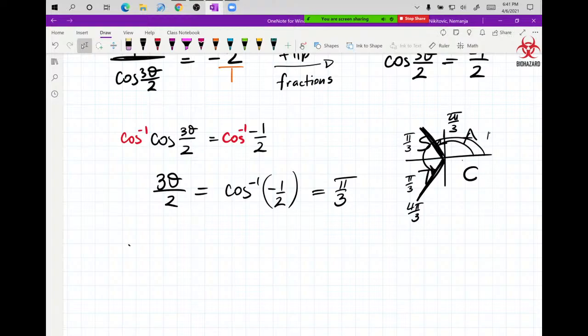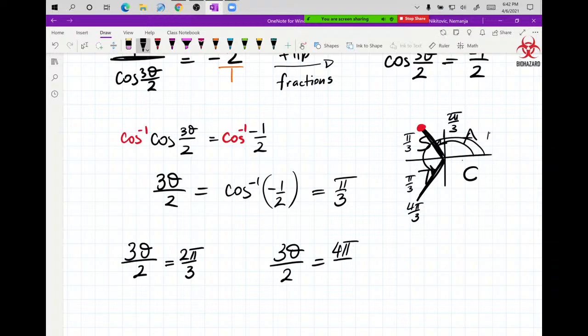So 3 theta over 2 is equal to 2 pi over 3, which is the top, and then 3 theta over 2 is equal to 4 pi over 3, which is the one on the bottom. 4 pi over 3 is measured from the main x-axis, the first quadrant.